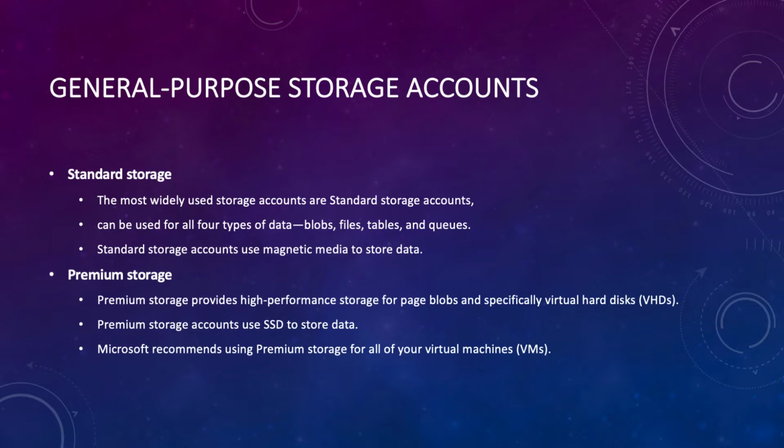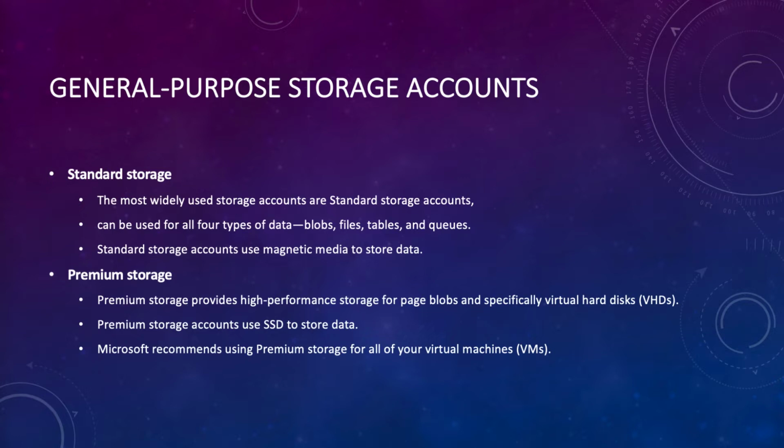There are two kinds of general purpose storage accounts. Obviously, as you can see on the slide, standard storage and premium storage accounts. The most widely used accounts are basically the standard storage accounts, which can be used for all four types of data. Again, those four types of data are blobs, files, tables, and queues.